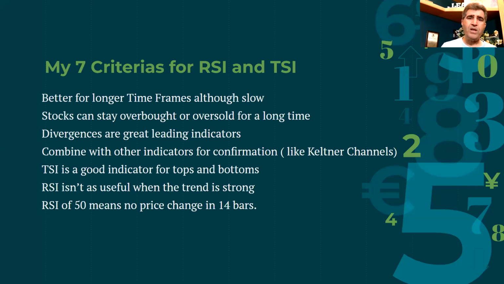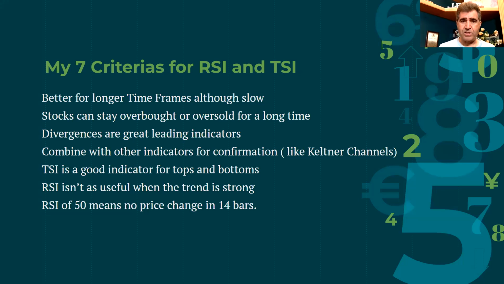Now, the other thing you have to remember, just because something is over 70, that doesn't mean it's time to either short it or sell it, because stocks or any investments can stay overbought or oversold for a long time. If you were around in the 1990s, for instance, from 1996 all the way to the end of 1999, 2000, a lot of times the RSI was overbought in many stocks.